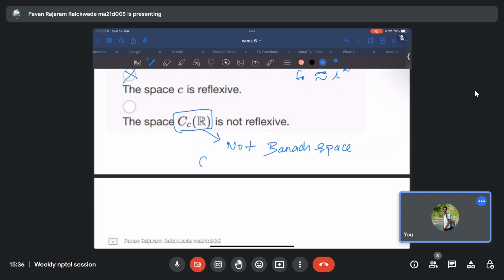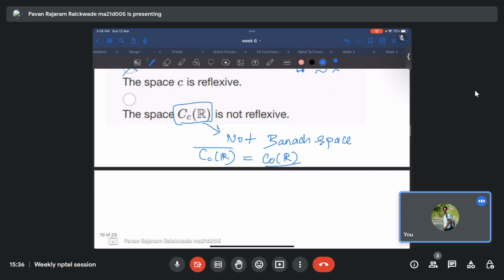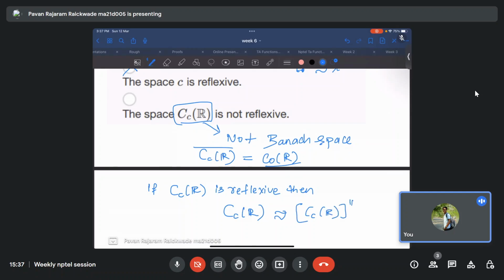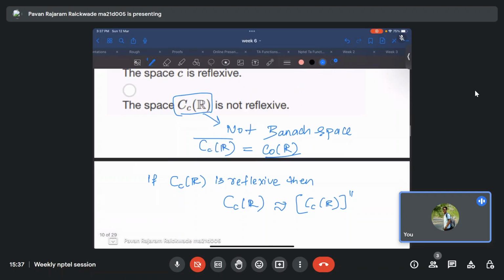We have seen in the first or second video that the closure of the space CC over R is C naught over R. If CC over R were reflexive, then CC over R would be isomorphic with its double dual. But the double dual, being a set of linear functionals from a vector space to the Banach space R, will be a Banach space, but this is not.